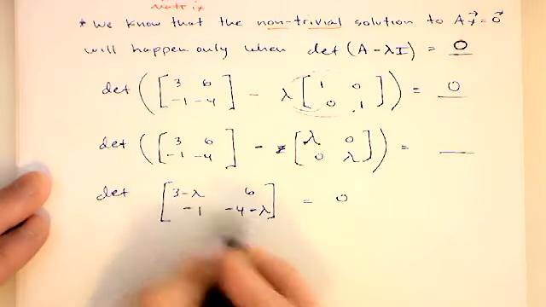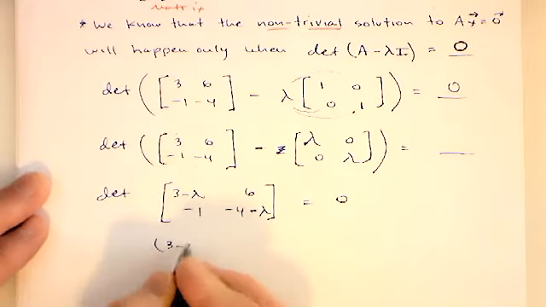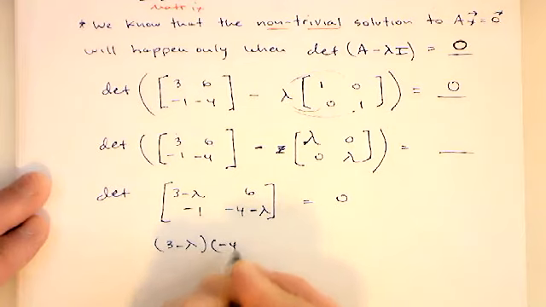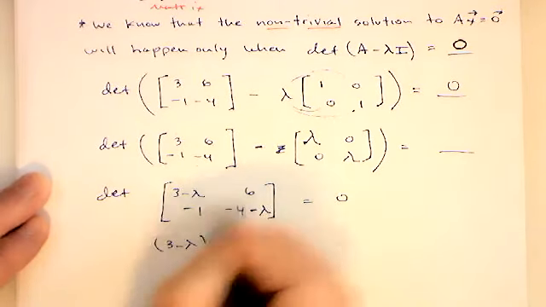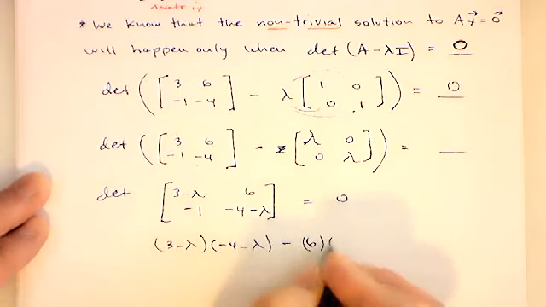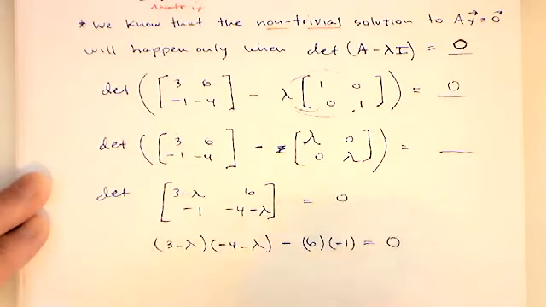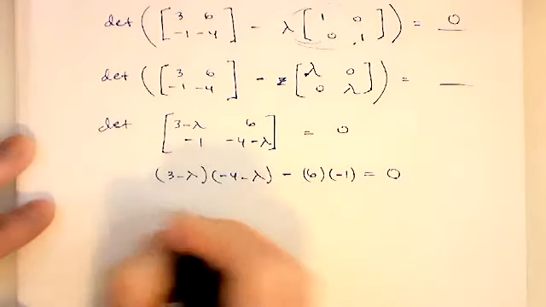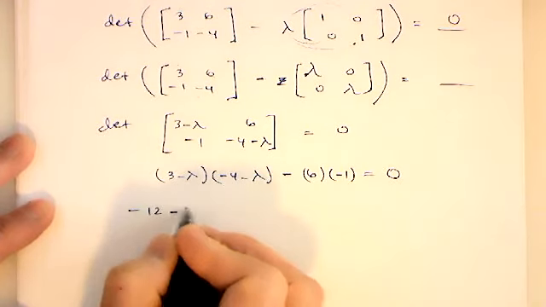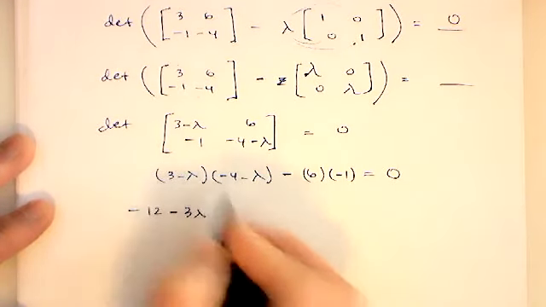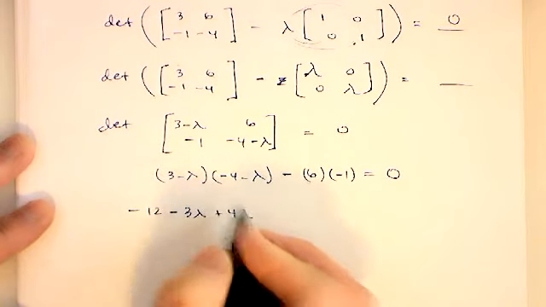Determinant is main diagonal multiplied minus the product of the off diagonal, which is 6 times -1, equals 0. This gives me -12 minus 3 lambda plus 4 lambda.